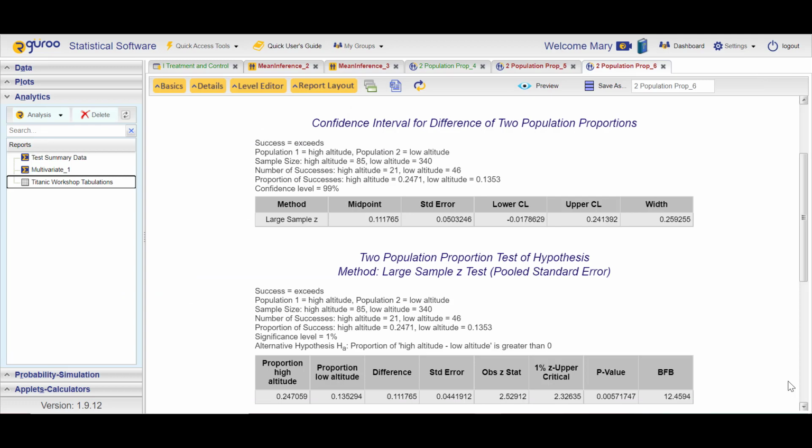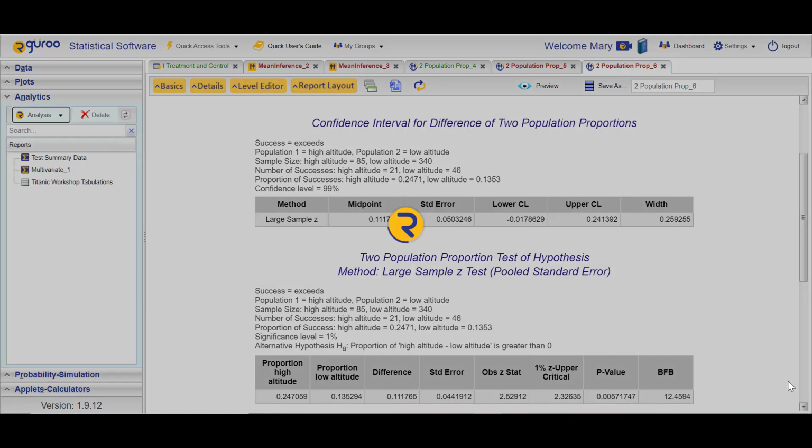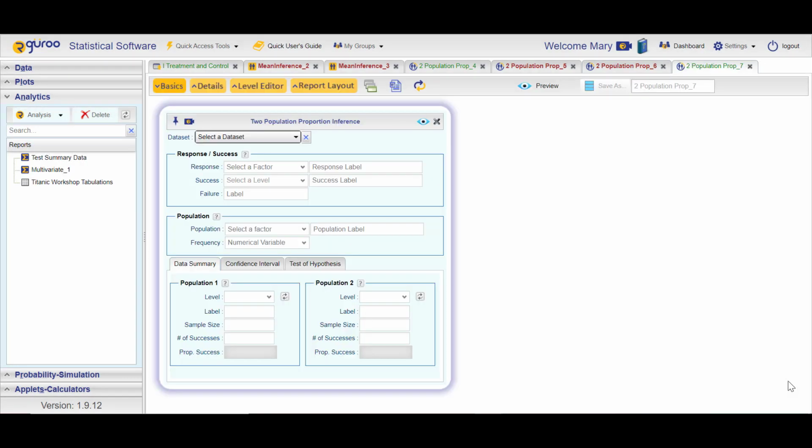All right, so analysis, proportion inference, two populations. Response label is, did they have heart attack or stroke? Question mark. It was a success if they did have heart attack or stroke.